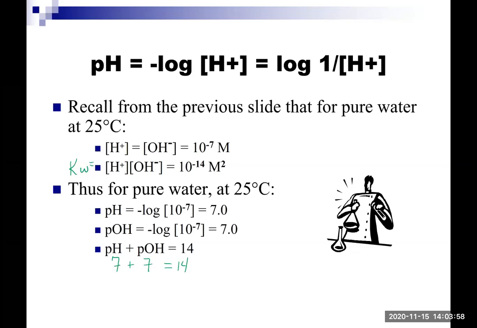And now we have another relationship associated with pH and pOH that we can use to do quantitative calculations, provided 14 holds. And because water is constant, then 14 is going to hold. So if we have an increase in the pH, we have to have a decrease in the pOH, and vice versa, because their sum is always going to equal 14.